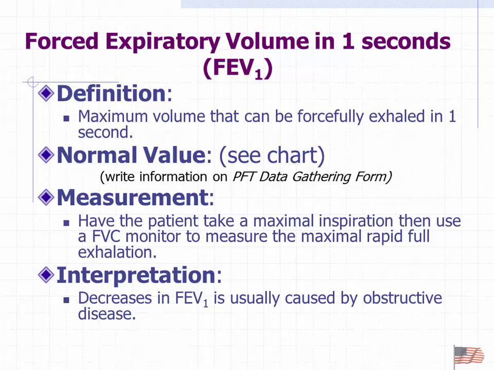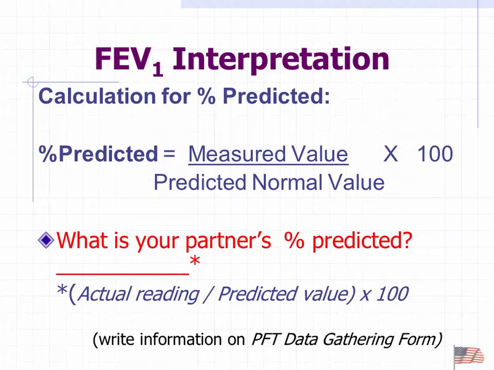Again, the test is done exactly the same way. We're doing the measurement of an FVC, but from that then taking the FEV1 and the FEV6 and all the rest of them. And we know that the FEV1 is reduced in any obstructive defect. And we can look at percent predicted by taking the measured divided by the predicted times 100.